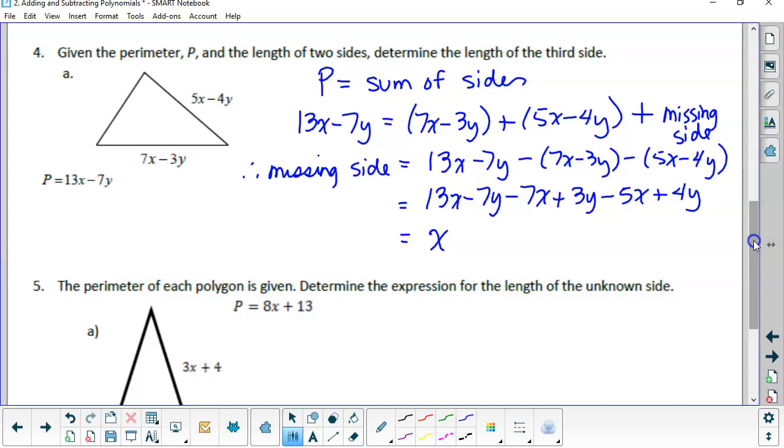So it's just x. So check it out. Here you can check. So if this is x, x plus 5x plus 7x is 13x. Negative 4y plus negative 3y is negative 7y. So that's your unknown side.